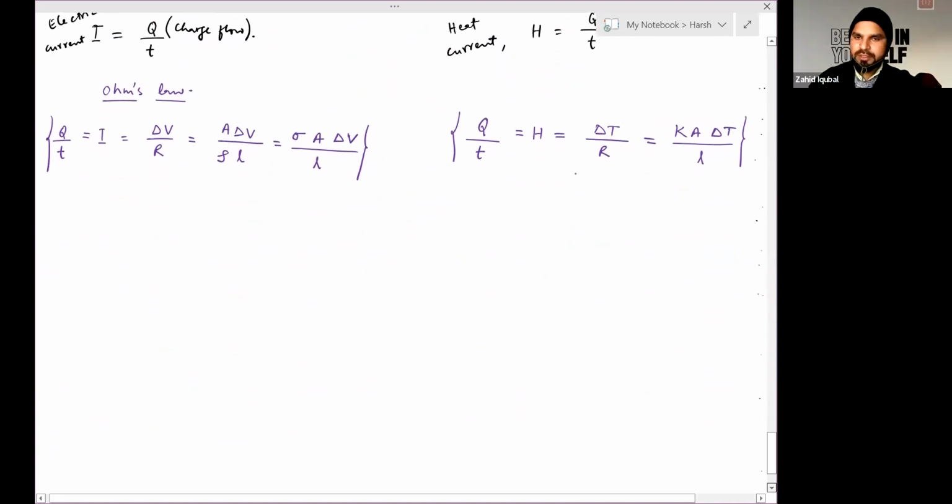I have just derived this particular formula using the concept of electricity. You may derive this relation in some other way also.